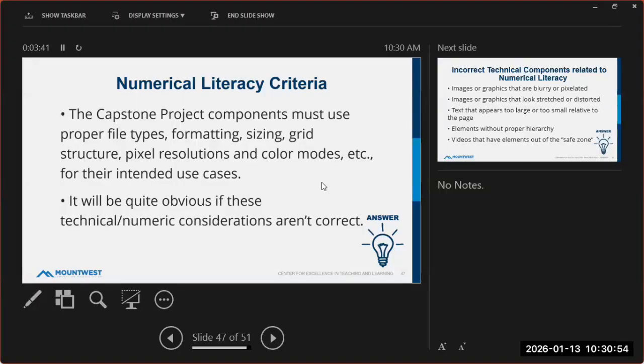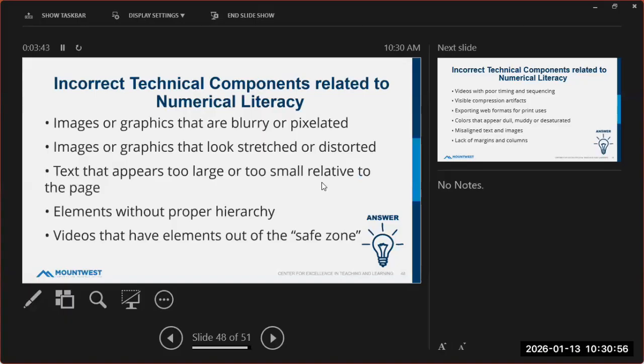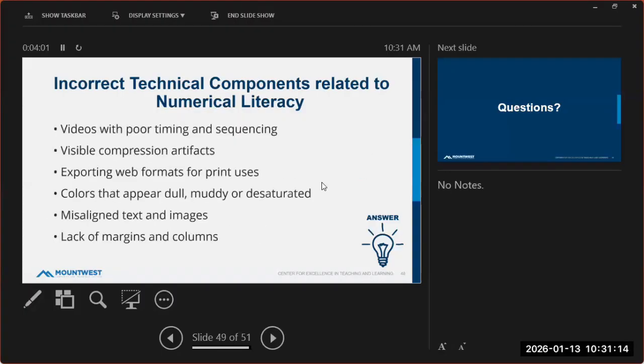It will be very obvious if there are problems, like images that are blurry, graphics that look stretched or distorted or don't fit properly, text that appears too large or too small, or a font that is not appropriate, elements without proper hierarchy, videos with elements not in the safe zone so you can't read them, poor timing and sequencing, compression effects, exporting web formats and print, misaligned text and images, lack of margins and columns.